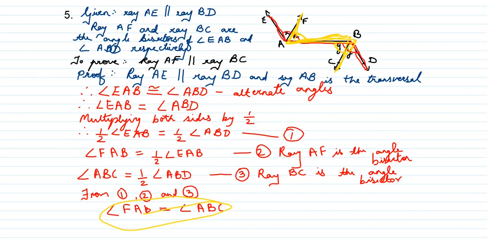So let's write on the next page. Therefore, angle FAB is congruent to angle ABC. Therefore, ray AF is parallel to ray BC.